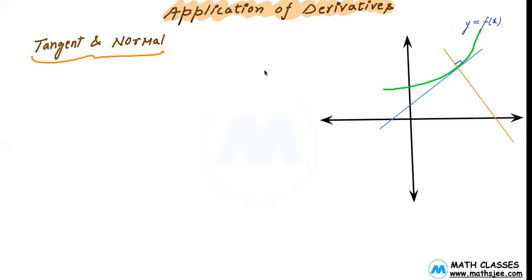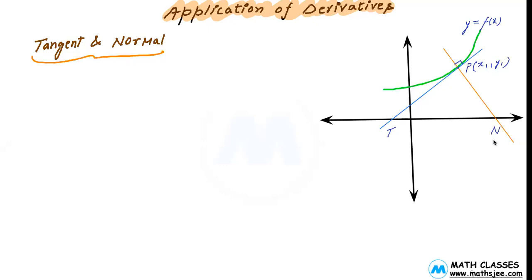In the tangent and normal, let us say this is the curve y equal to f(x). Let us mark the point. This point is P. This point is T. So this PT is the tangent, and let us mark this (x1, y1). The line which is perpendicular to PT at the point P is the normal.